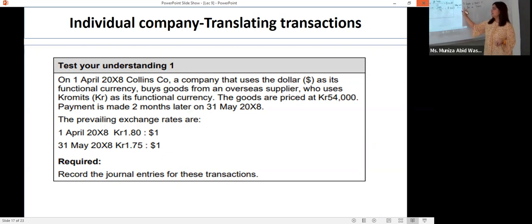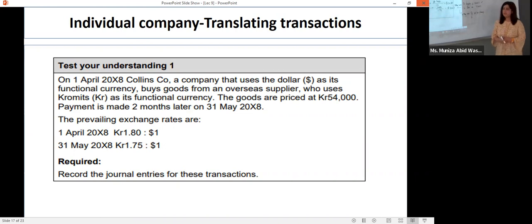So at this date, 31st May 2008, the accounting entry will be passed as debit loss on exchange. Credit would be, what are we going to credit?